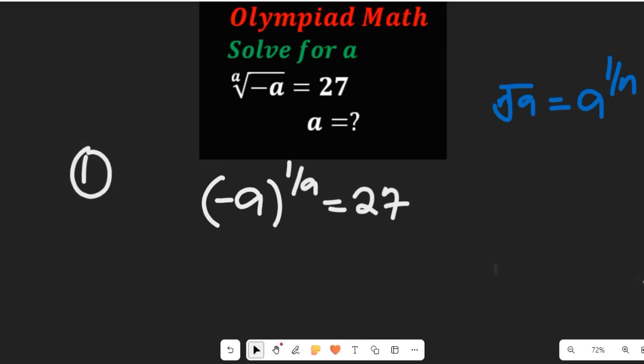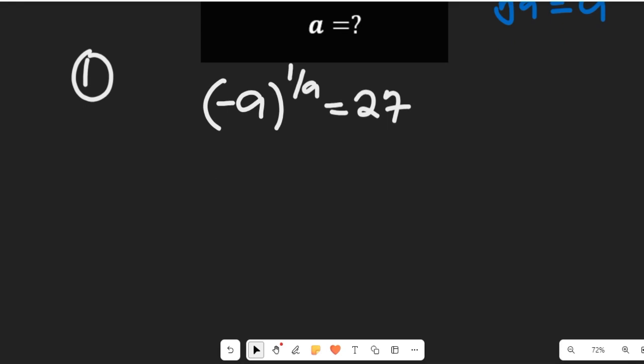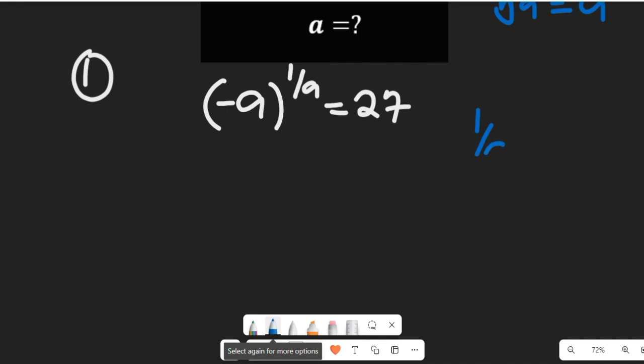Now, if we consider this easiest method, you ask yourself, how do I simplify this? I want us to take the value of 1 divided by a. Assume the value of 1 divided by a to be equal to negative y. So if I have the value of 1 divided by a to be equal to negative y, right?